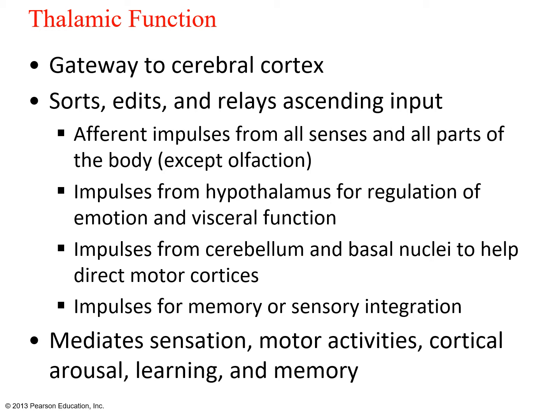It also takes in impulses from the hypothalamus, which regulate emotional and visceral function. It takes in impulses from the cerebellum and from the basal nuclei to help direct the action of the motor cortex. And it also has impulses for memory and sensory integration. The thalamus also mediates sensation, motor activities, cortical arousal, learning, and memory.